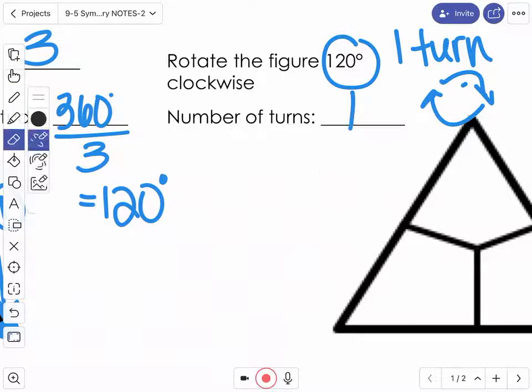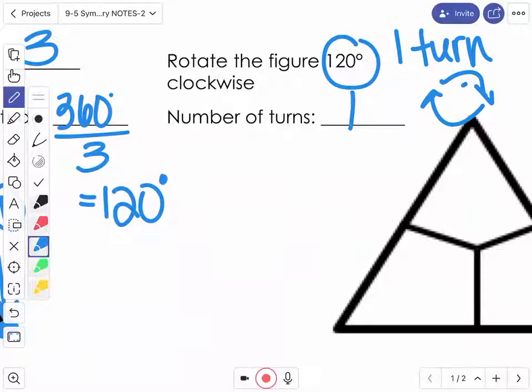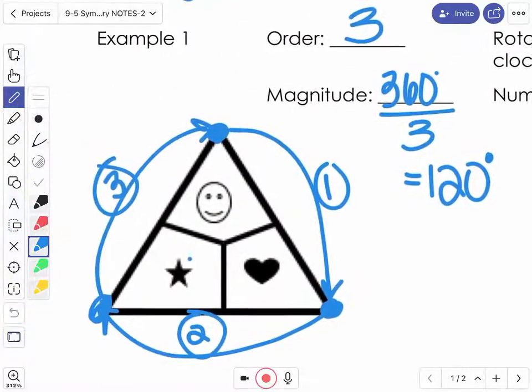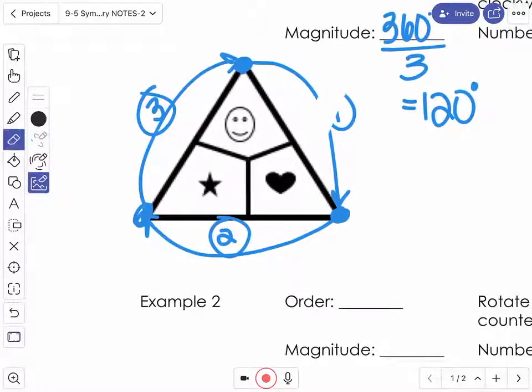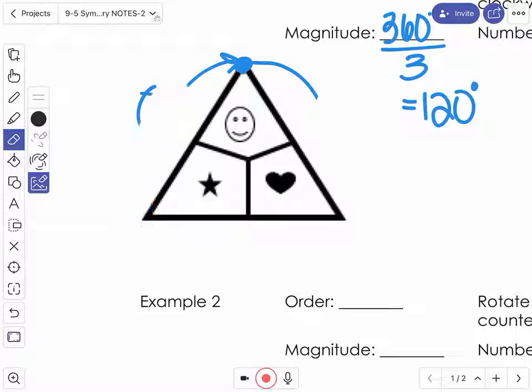Now, those pictures that are inside each of these spaces are there for a reason. They're very specific because as that triangle turns, as we turn it to the right, those little figures turn with the shape. So let's go back to that triangle for a second. Let me erase our turns that we did, and we'll see what happens and actually turn this and see how those shapes will rotate with us.